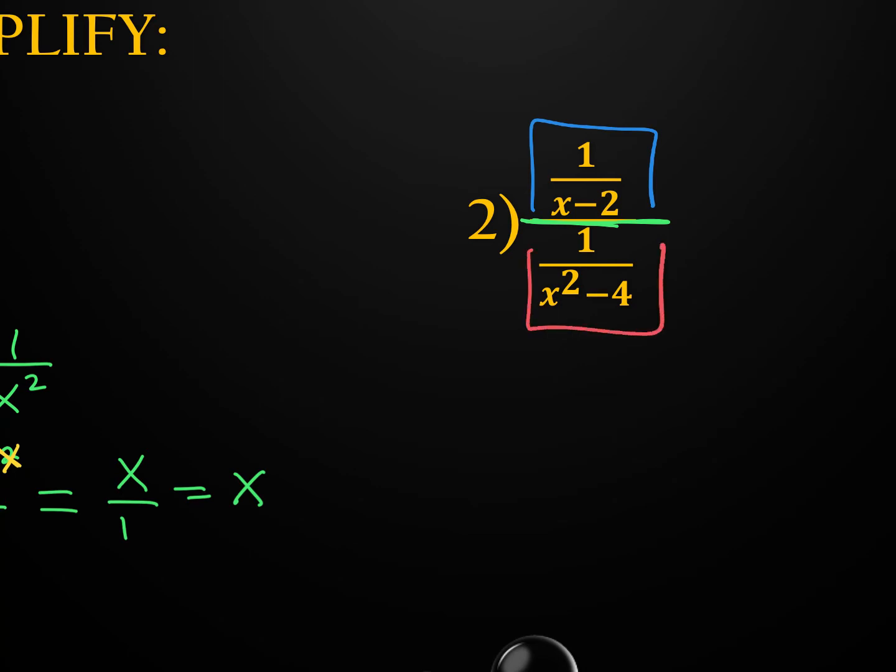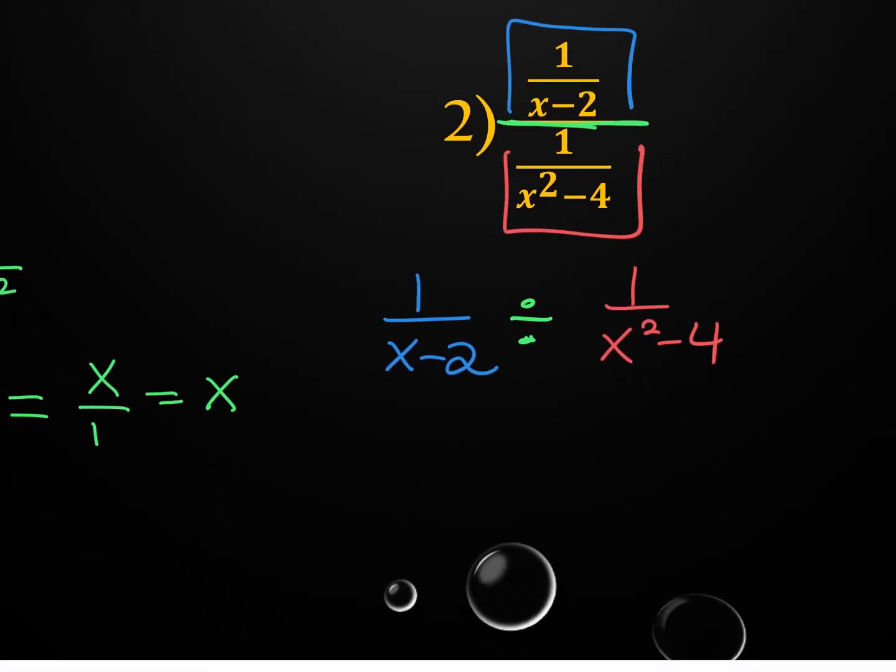So I'm going to be doing 1 over x minus 2 divided by 1 over x squared minus 4. And again, I'm going to keep flip change it, keep the blue one, change it to multiplication, and flip the red one upside down. Now I have what I did in P5B.